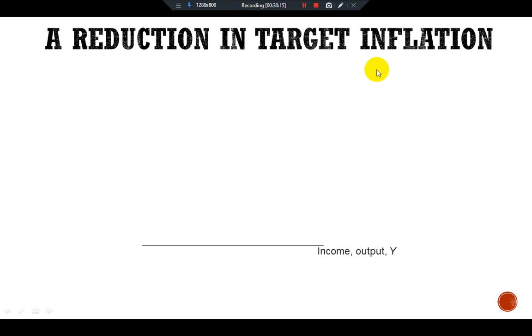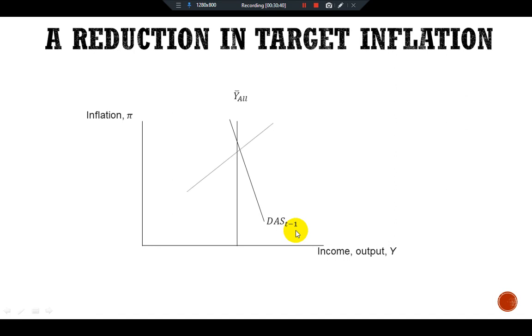We have output y on the x-axis, inflation pi on the y-axis, and the natural level of output for all periods, y bar, and we have a downward sloping dynamic aggregate supply curve t minus 1, and an upward sloping demand curve.